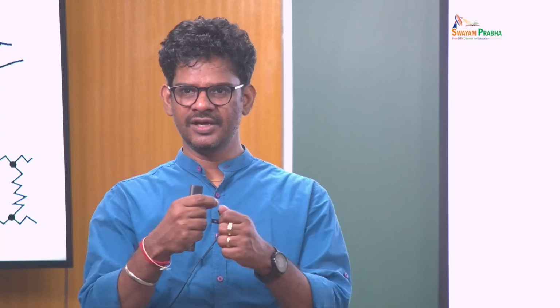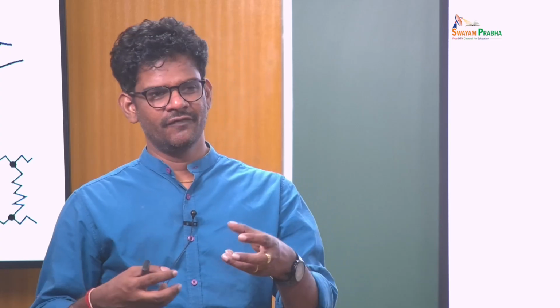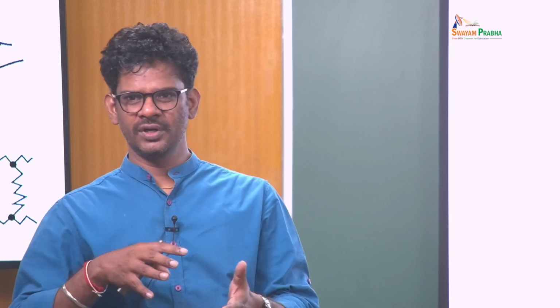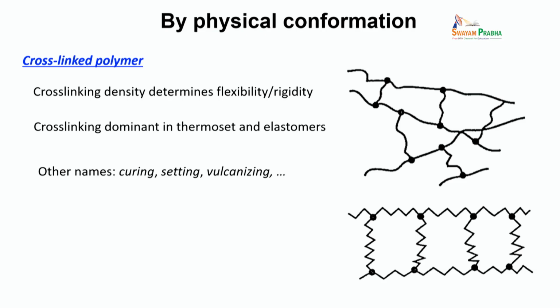If you have a very highly cross-linked network, you will form a very rigid structure. When you have very few cross-linking points, you would have more flexible materials, right. So, most of the thermosets and elastomers are all cross-linking based.